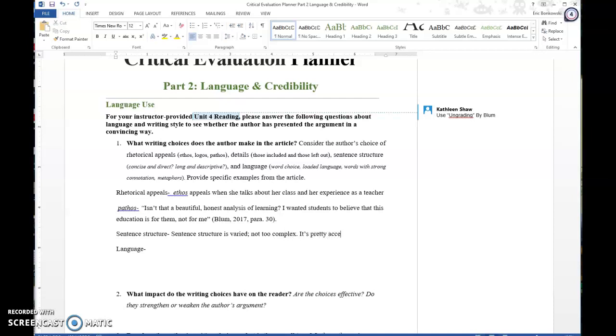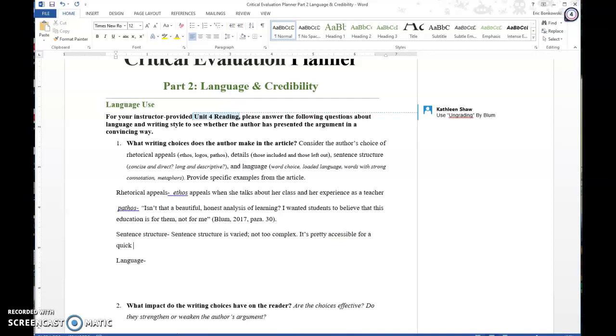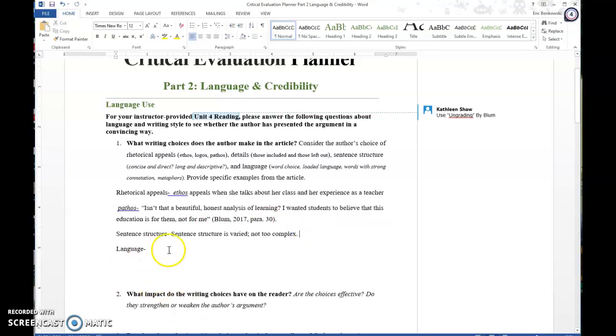It's pretty accessible or quick. Okay, so that's how I'm answering that. You might not agree. You could say, I don't know how accessible it is. I'm just explaining that the sentence structure is varied and not too complex.